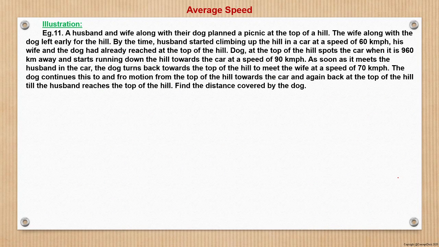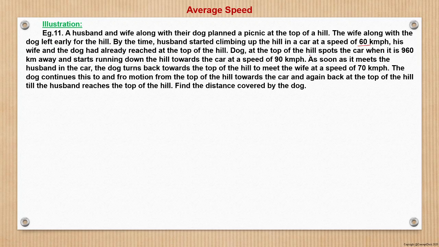So now moving to the last problem for this session, question number 11. It says that a husband and a wife, along with their dog, planned a picnic at the top of a hill. The wife, along with the dog, left early for the hill. By the time the husband started climbing up the hill in a car at a speed of 60 km per hour, his wife and the dog had already reached the top of the hill.